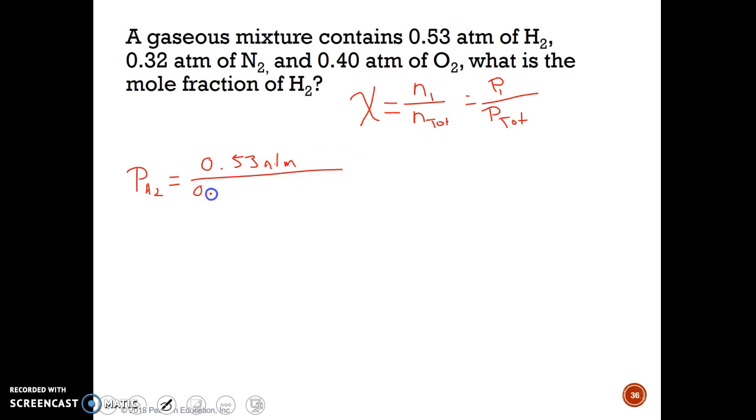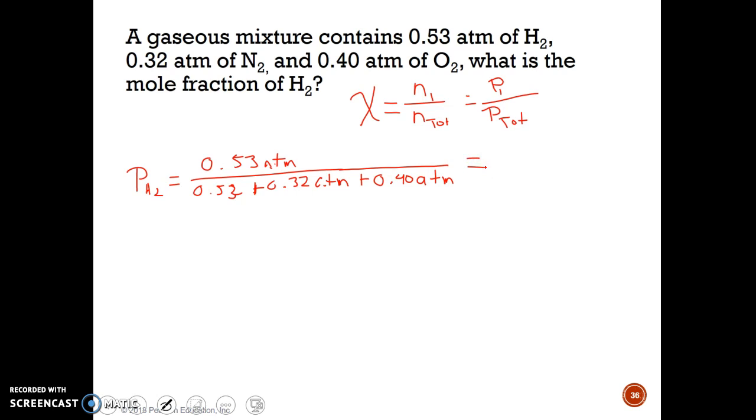So we have hydrogen, but we also have nitrogen, and we have oxygen. And if you can't read my writing, I will be posting up the answers to this online. So if we do this, we can get our answer.